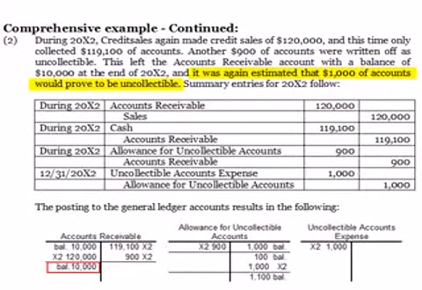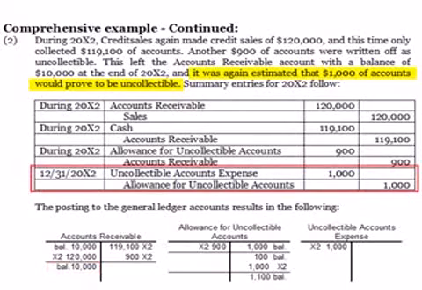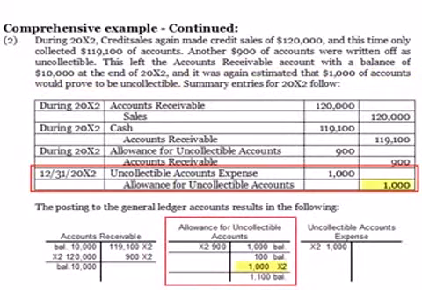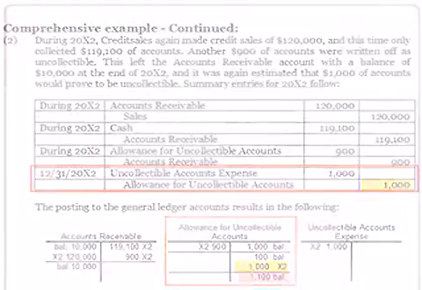Let's say that we again come up with a $1,000 estimate, and we make the standard end of period entry. We debit uncollectible accounts expense and credit the allowance account for $1,000. Note that this time our ending balance in the allowance account becomes $1,100. This is the complication.